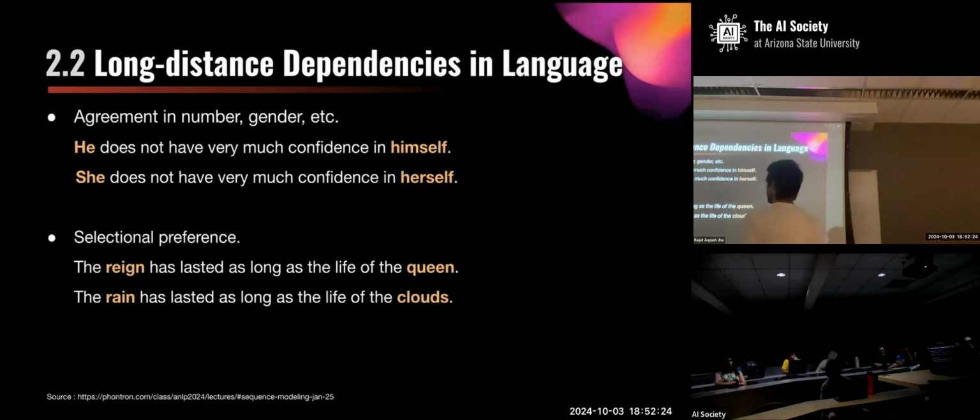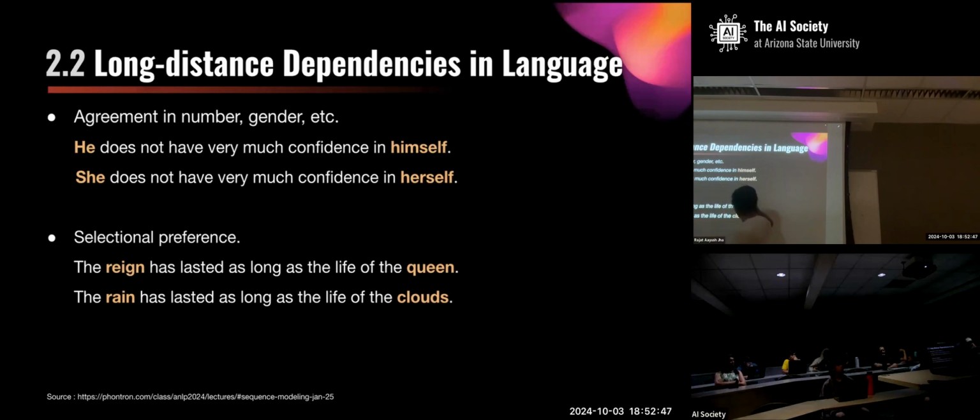Another thing is selectional preference. What does that mean? Read these two sentences together: the rain has lasted as long as the life of the queen, and the rain has lasted as long as the life of the clouds. The semantics of these two words are very similar. So how do you know which word to use in which sentence? It depends on the context.